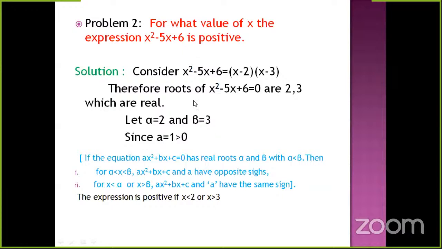And see here, the expression is positive and a is positive. So when both are having the same sign, that is the expression and a are having the same sign, see the condition: the expression and a will have the same sign for x less than alpha or x greater than beta. That is x less than 2 or x greater than 3. For these values of x, the expression will be positive.